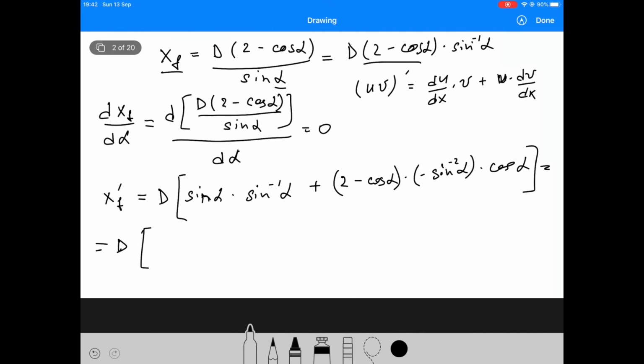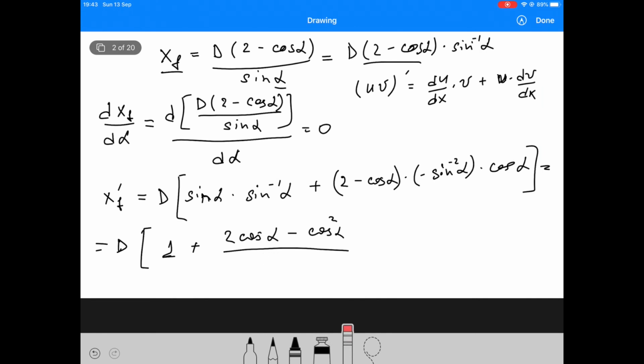It's sine alpha multiplied by sine alpha to the minus first power, so it's unity, plus 2 cosine alpha minus cosine alpha to the second power, divided by, okay, sine.